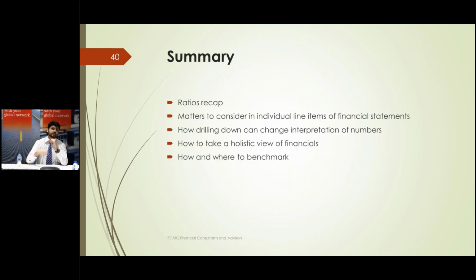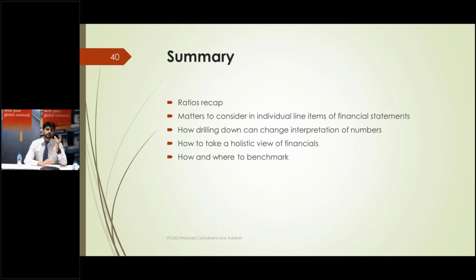Just to briefly summarize what we've discussed today, we recapped ratios very quickly. Then we covered what matters we should consider when reviewing individual line items of financial statements, and how drilling down can change the interpretation of numbers, like we just saw in sales, where the number of units sold increased by 6%, but the revenue increased by 25%.